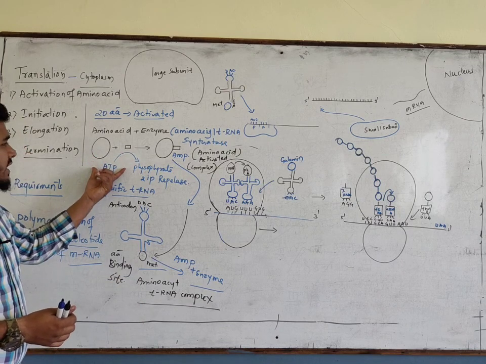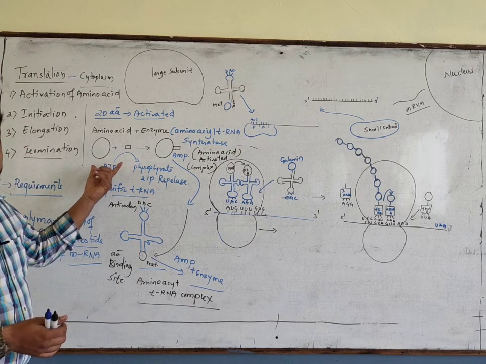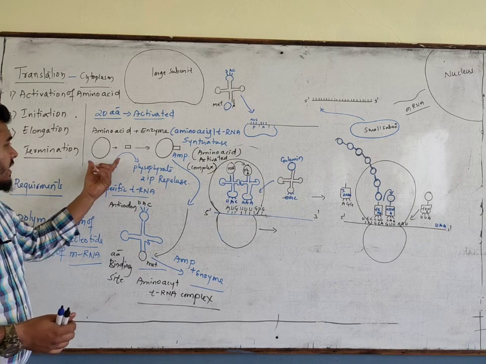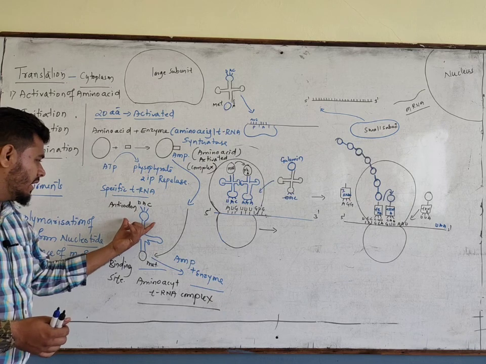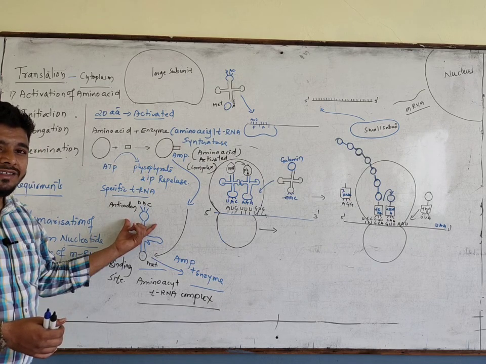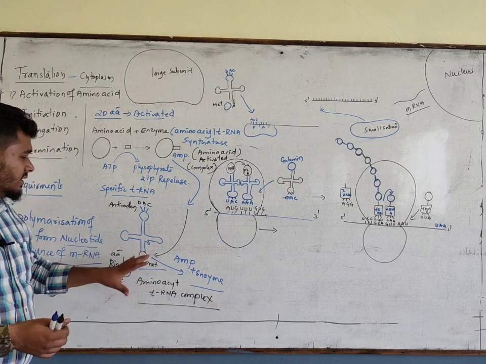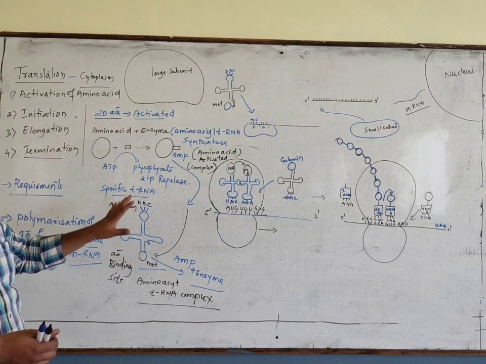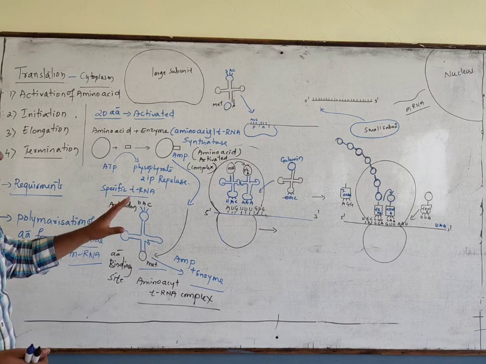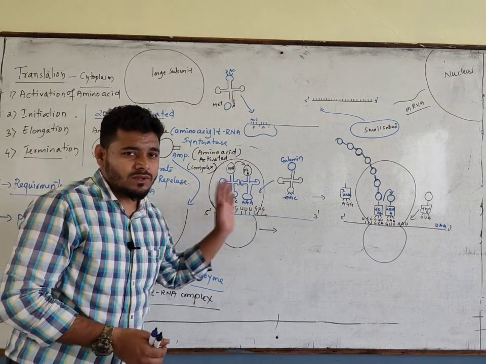So in the first step, all the 20 amino acids got ready. They are attached to the particular enzymes, and those enzymes help that amino acid to attach to the particular tRNA. So like that, all the tRNAs with their respective amino acids are ready for the next processes.